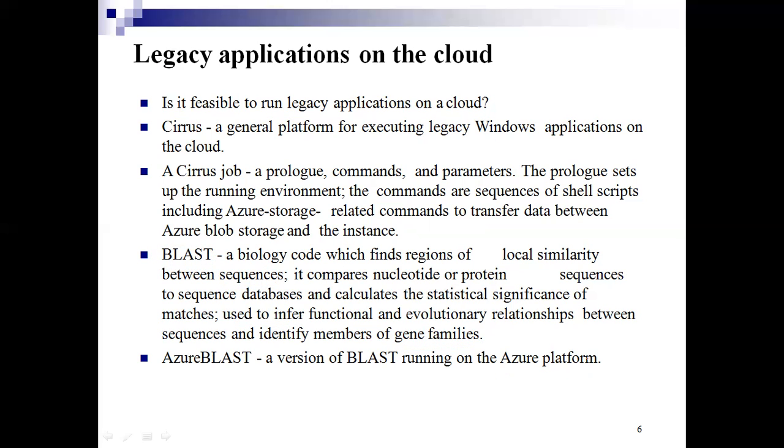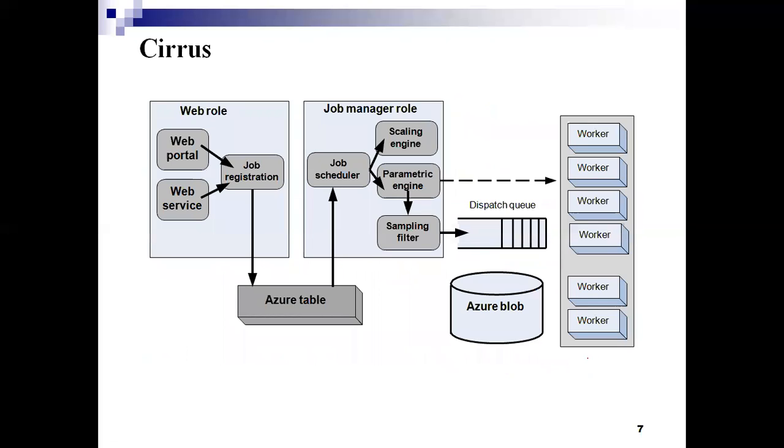So we can see Cirrus in detail. This is a pictorial representation of Cirrus. Just look at the diagram here. We have the Azure table and Azure blob. As I told you, these are all instances.